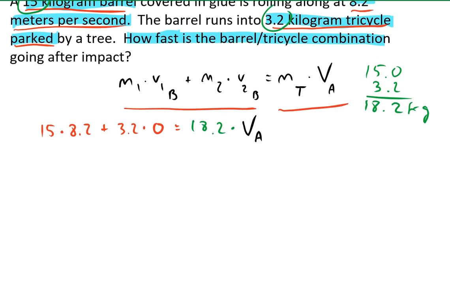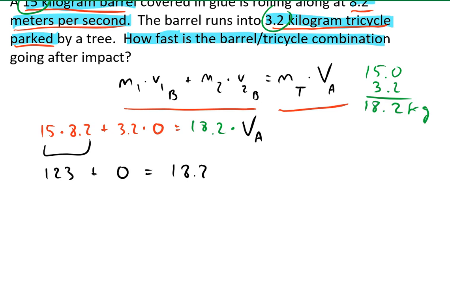So just like last time, we have to do some simplifying first. So 15 times 8.2 is going to be 123. 3.2 times 0 is going to be 0. And that's equal to 18.2 multiplied by our variable, the velocity afterward.